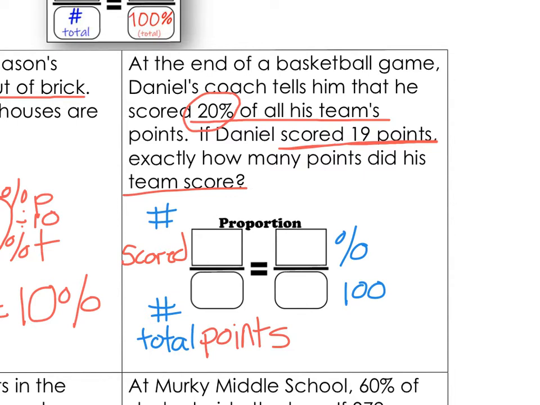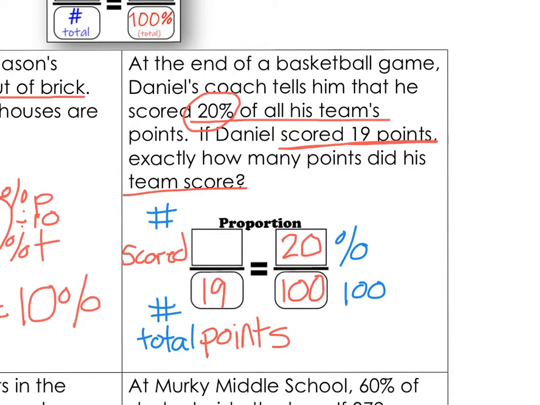And I know my percent is going to go on my top second ratio, 20%. And we know percent is always going to be out of 100. Now it says if Daniel scored 19 points, exactly how many points did his team score? So the total points that Daniel scored was 19.